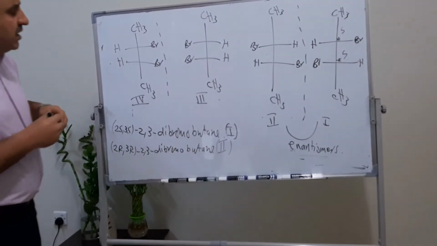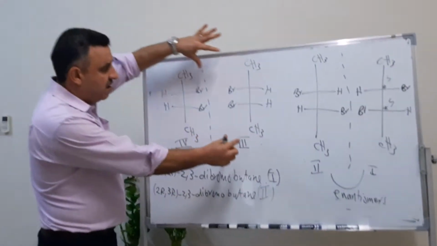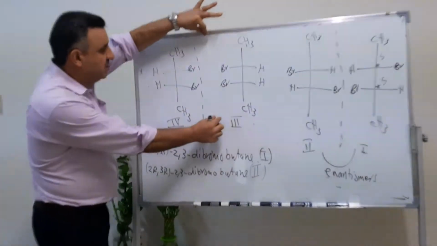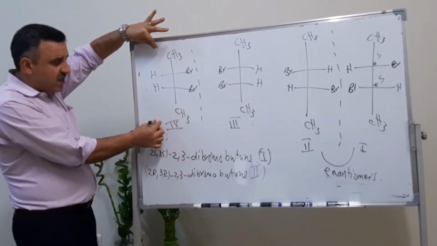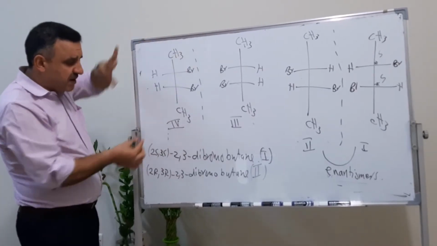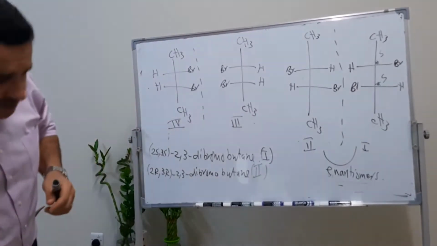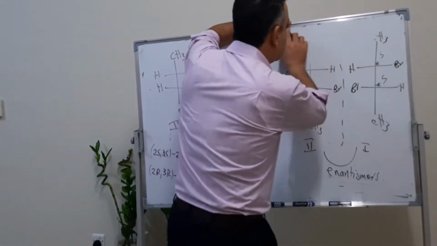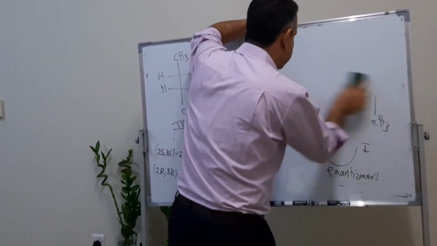As you can see, 3 and 4, if you hold them from the methyls and you try to superimpose structure number 3 onto 4, you may see they are superimposable. I'm just going to remove 1 and 2 for the time being, and then I come back to them.